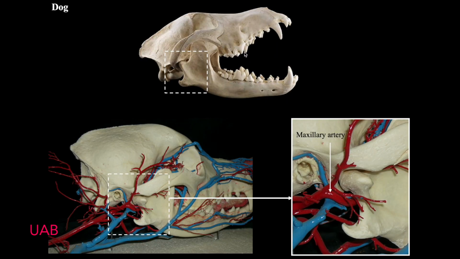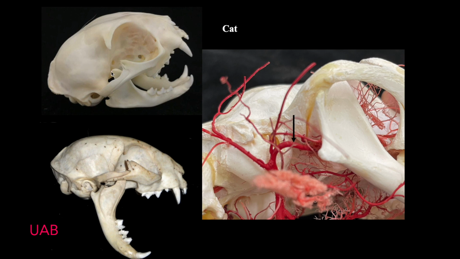When we wide open the mouth of a dog, what do we have caudal to the mandible? We have the maxillary artery, and this maxillary artery in these situations may be trapped. In the case of a cat, when we wide open the mouth, the mandible traps the maxillary artery as it may happen in the dog.